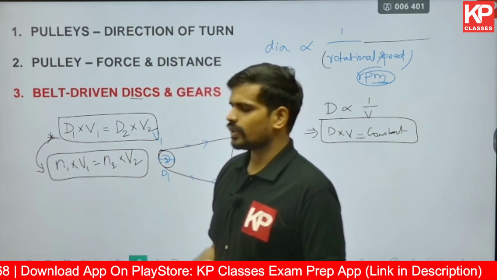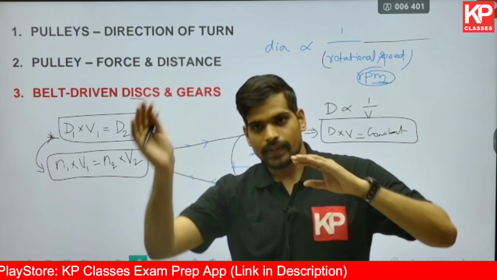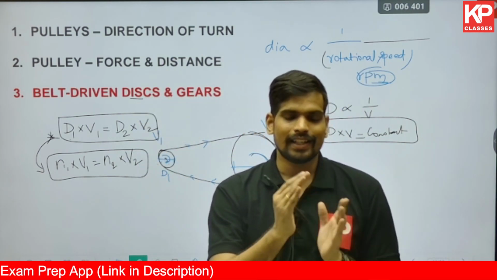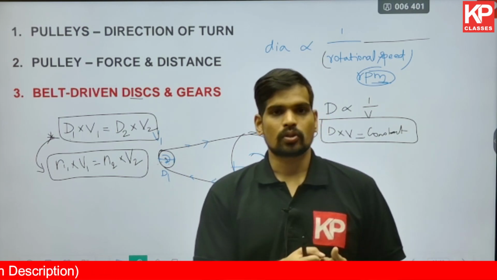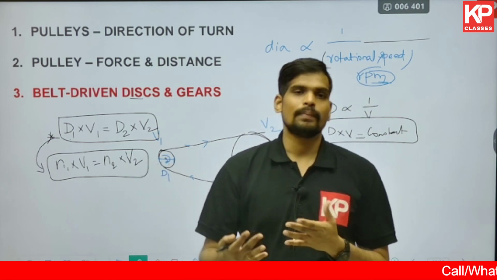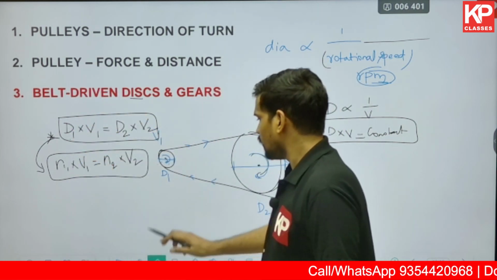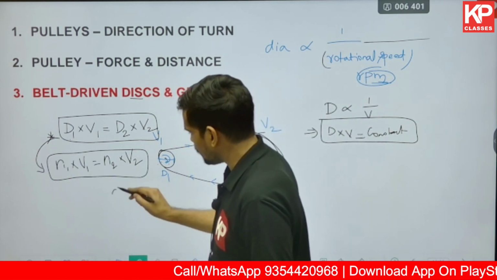Same concept, but instead of diameter, because if diameter increases, the circumference will increase. It is directly proportional because circumference is pi into diameter. So circumference will be directly proportional to it, and if circumference increases, directly proportional to it will be the number of teeth. Because of that, the relation will be maintained the same. So you can remember that as an extension to the same formula in terms of gears.